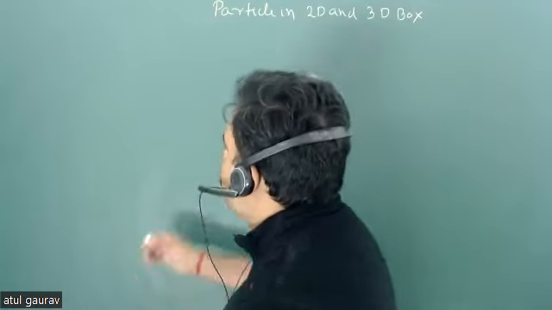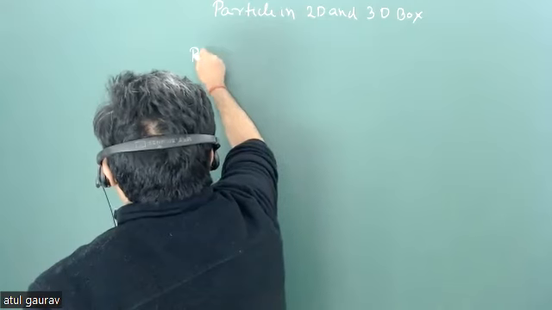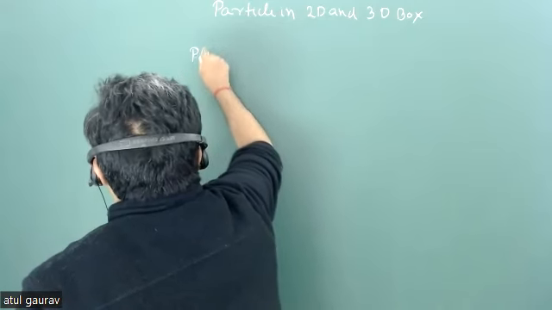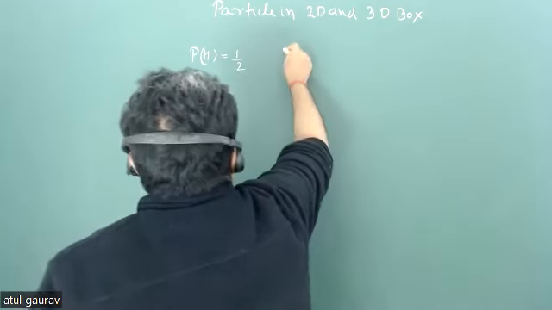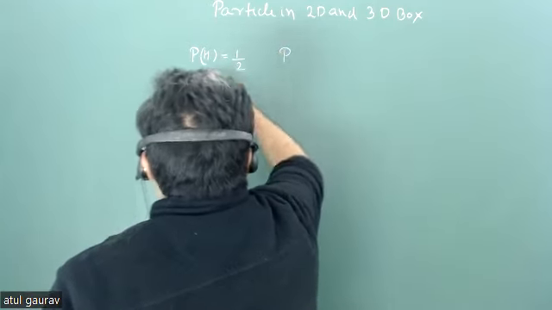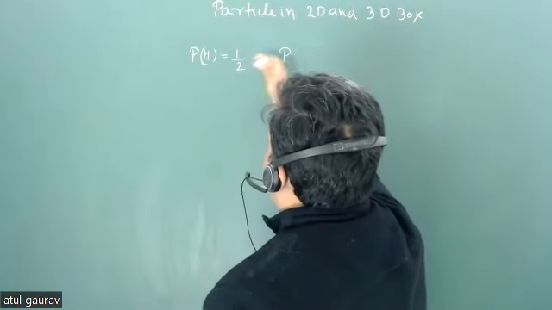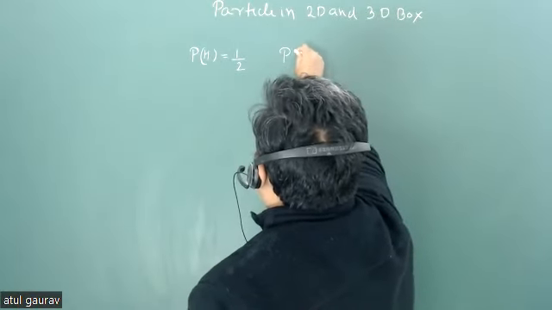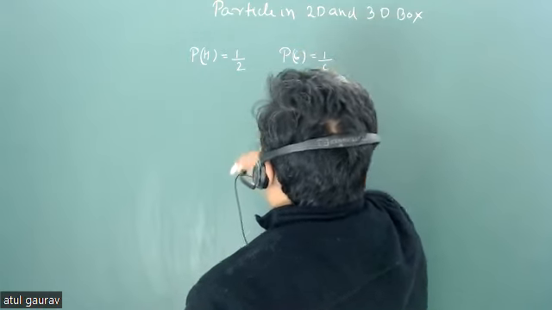Okay. So from the coin perspective, the probability of getting head is 1 by 2. And from the dice perspective, the probability of getting number 6 is 1 by 6.